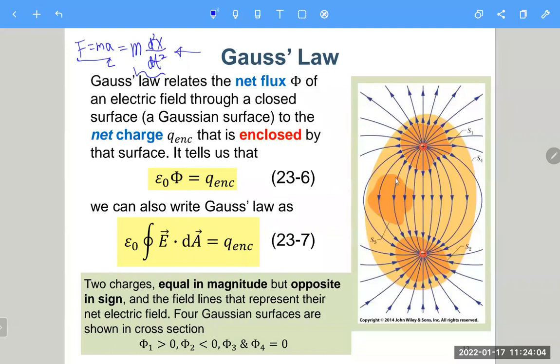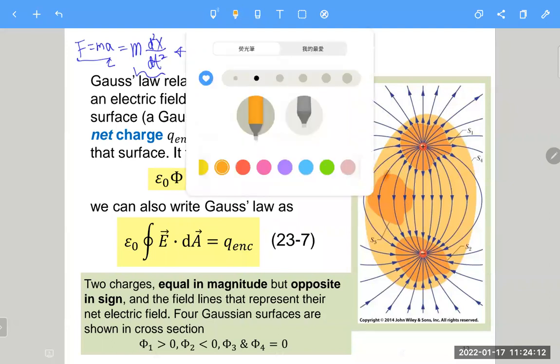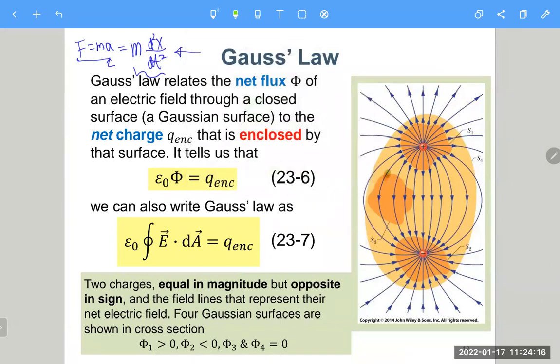Although part of it, this part is negative. For this part the field lines are going inside the Gaussian surface. As for this one, they are generally going outside, not necessarily 90 degrees to the surface, but at least it is going inside. So you can imagine these three contribute negative flux for S3.